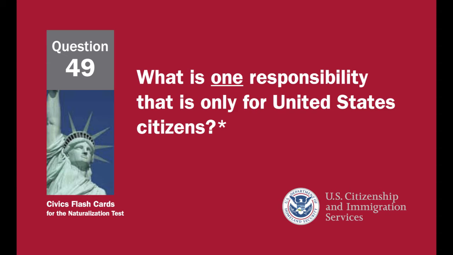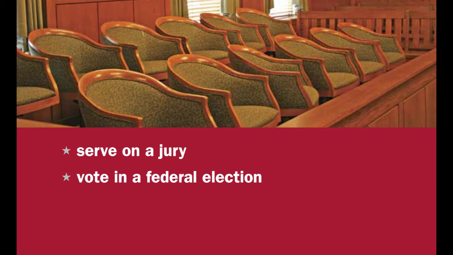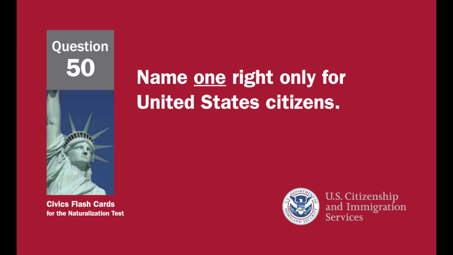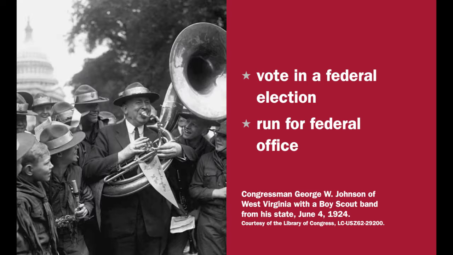What is one responsibility that is only for United States citizens? Serve on a jury. Vote in a federal election. Name one right only for United States citizens. Vote in a federal election. Run for federal office.